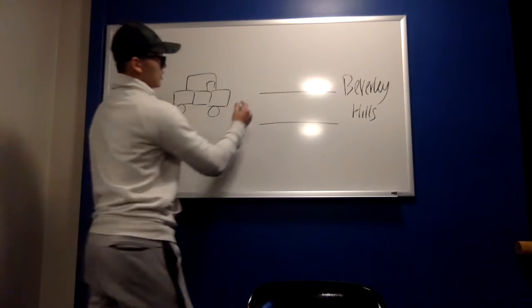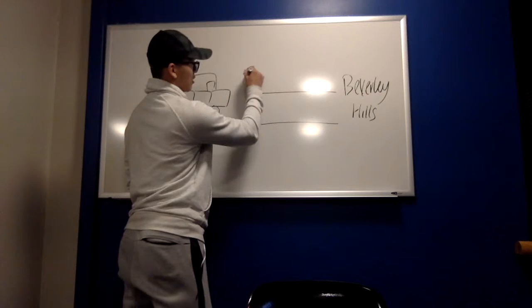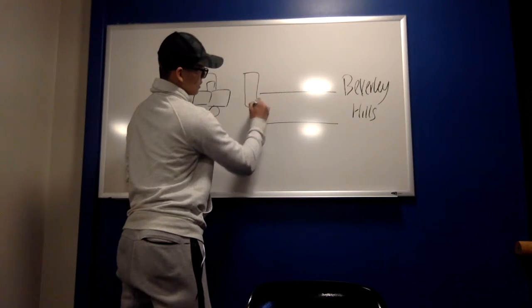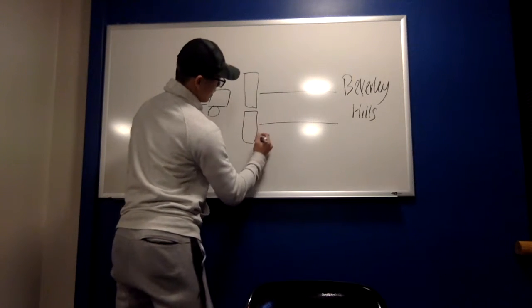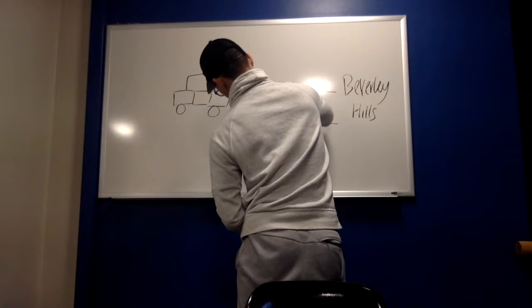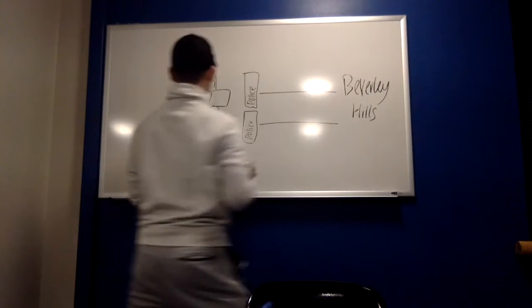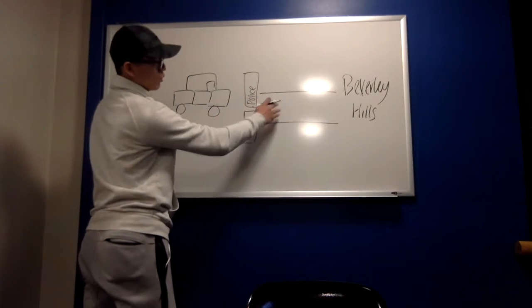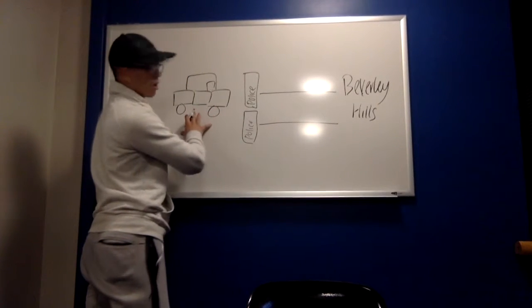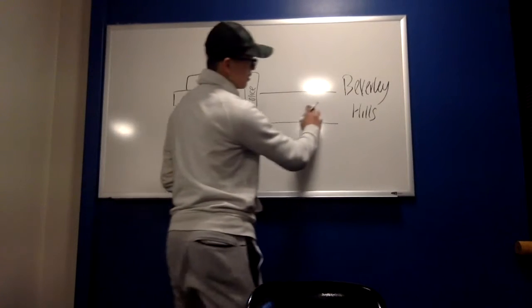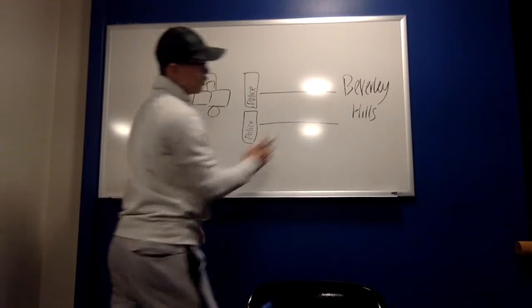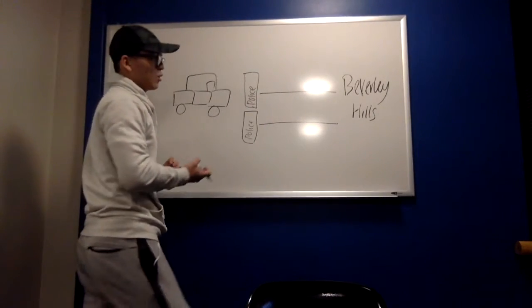A firewall is like a block, like those police blockages. Yeah, it's basically like that. Because you don't know what's in the car, and in a nice neighborhood like Beverly Hills, you don't want bombs or anything like that going inside.